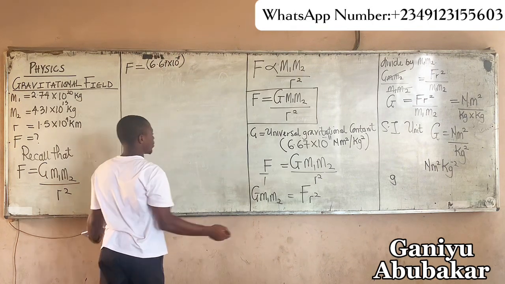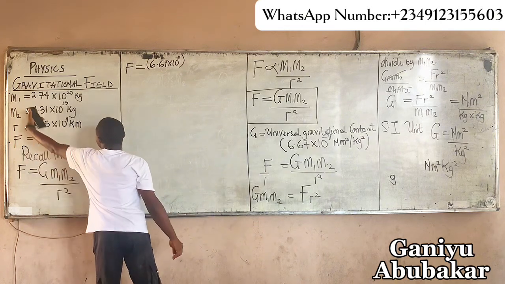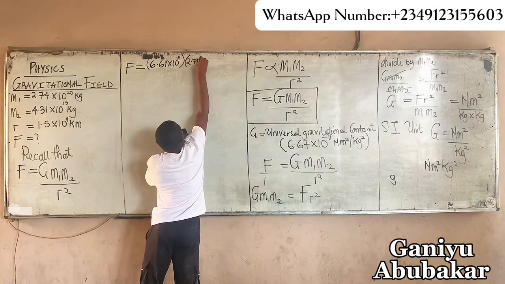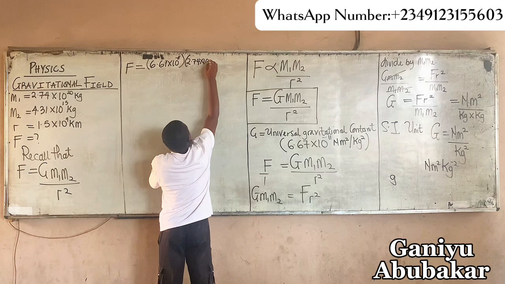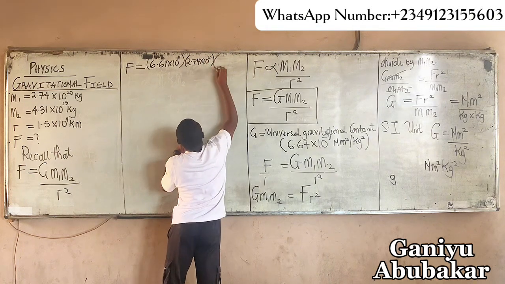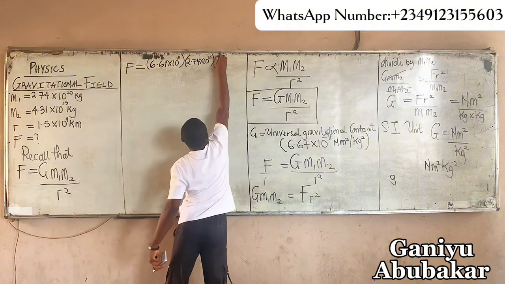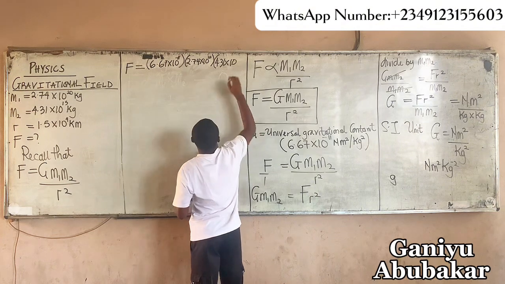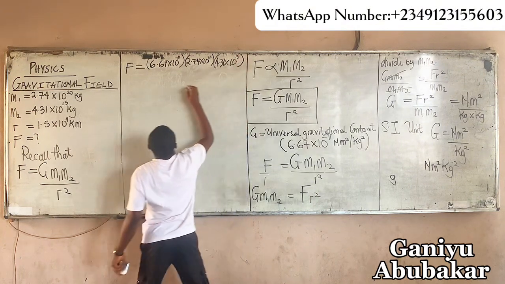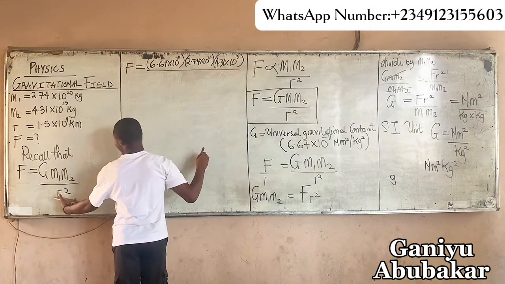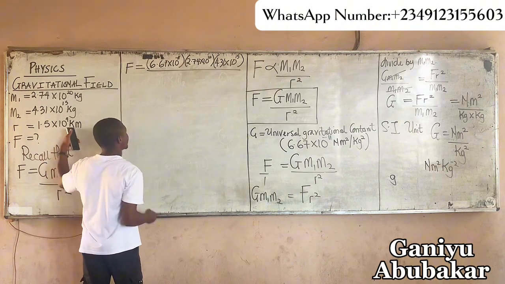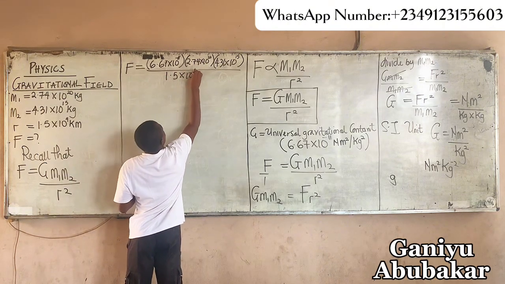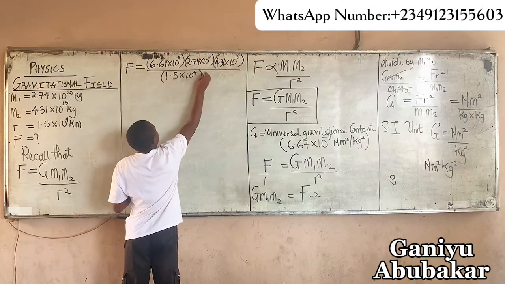Multiply this by m1, which is 2.74 times 10 to the power 20, multiplied by m2, which is 4.31 times 10 to the power 15, all over r, which is 1.5 times 10 to the power 4, all squared.